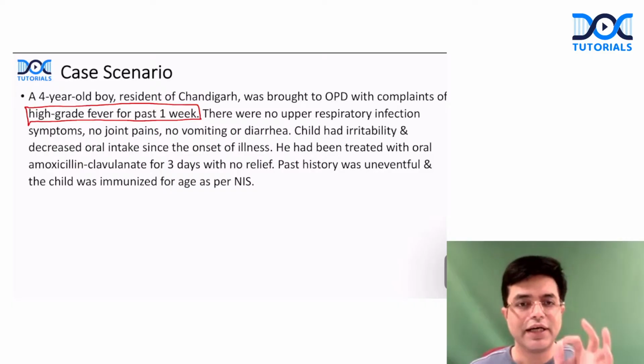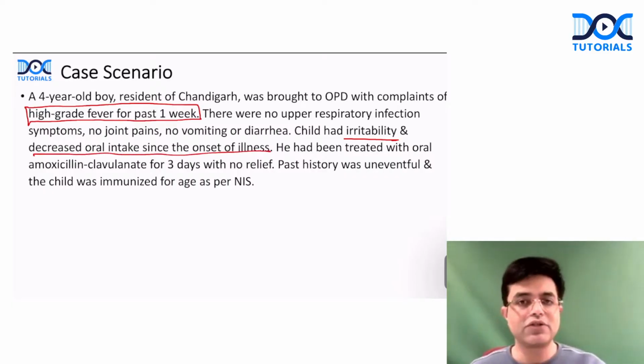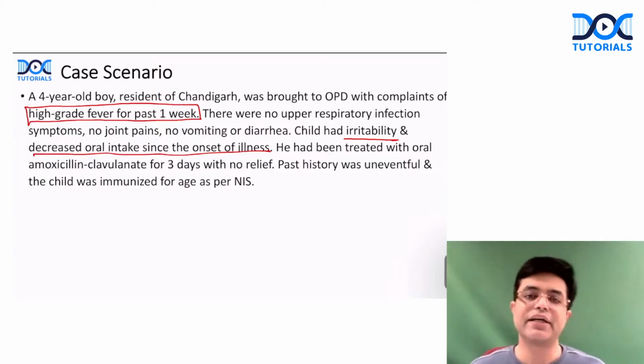The parents will say high grade fever since past 7 days. Child had irritability and decreased oral intake since the onset of illness. Irritability and decreased oral intake can occur in any acute infection. It can occur in inflammation. It can occur in patients with meningitis as well.